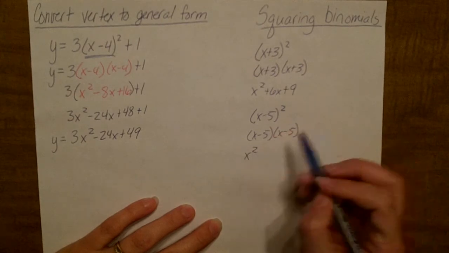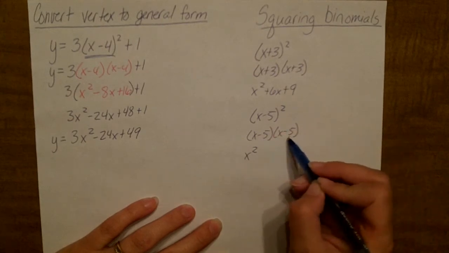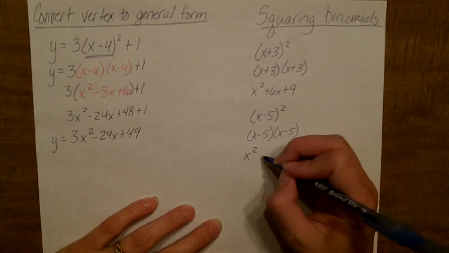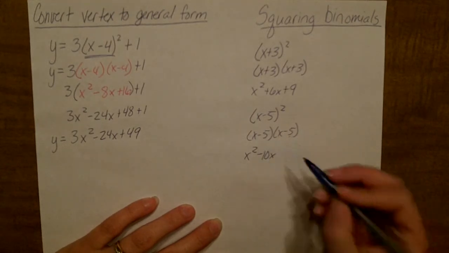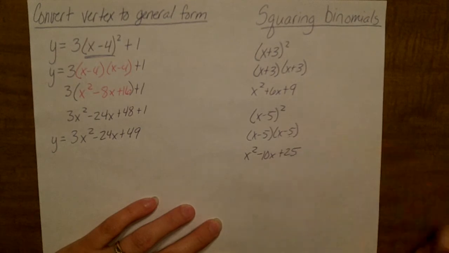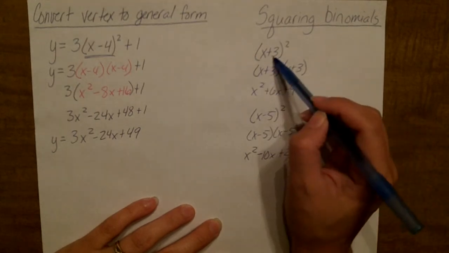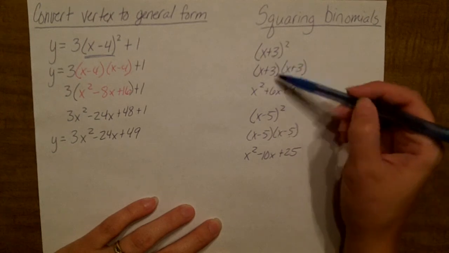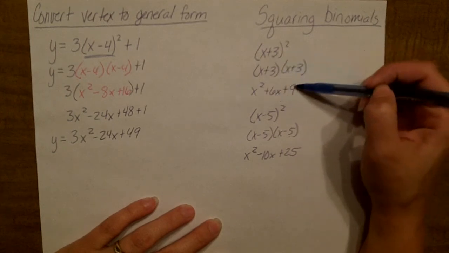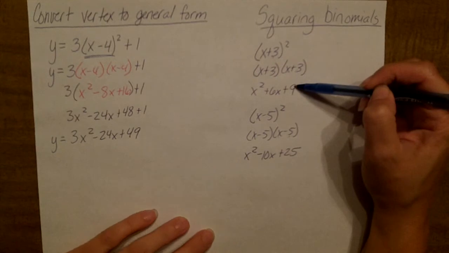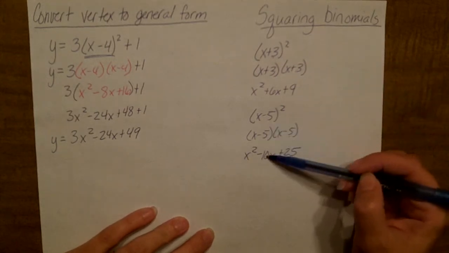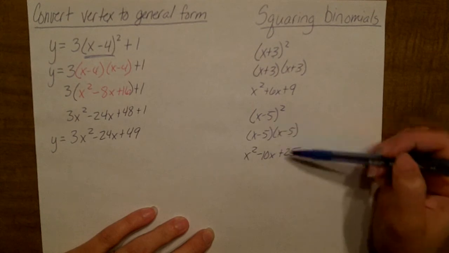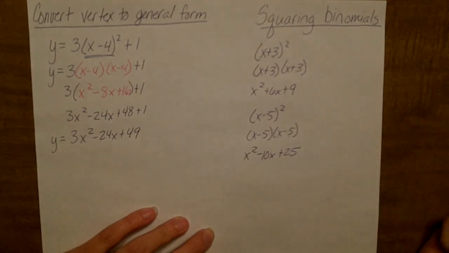I have x squared minus 5x minus 5x is minus 10x in the middle. Negative 5 times negative 5 is a plus 25 on the end. Every time, this term is doubled in the middle and squared on the end. The negative 5 is doubled to a negative 10 in the middle, and it's squared to a positive 25 on the end.